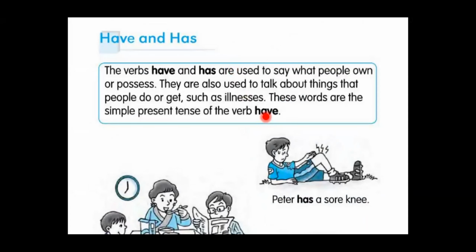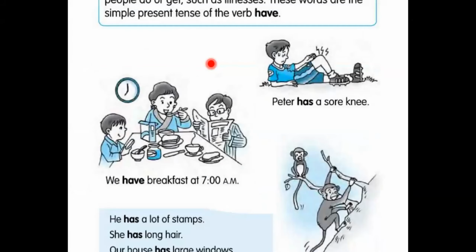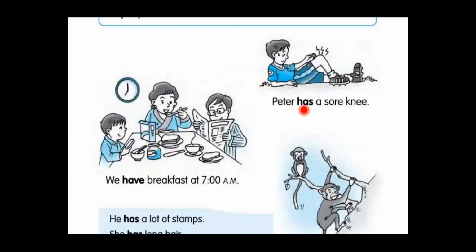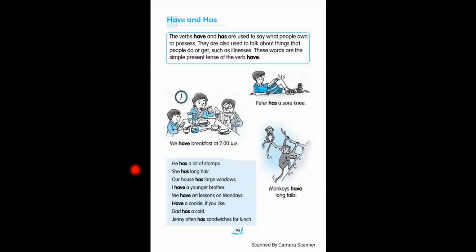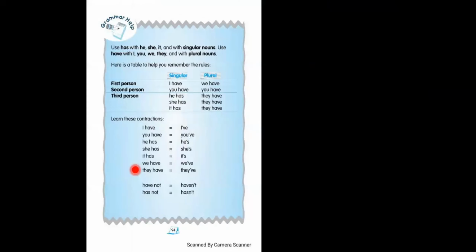These are nothing but helping verbs. Peter has a sore knee. We have breakfast at 7 a.m. So here has and have are also helping verbs or auxiliary verbs.